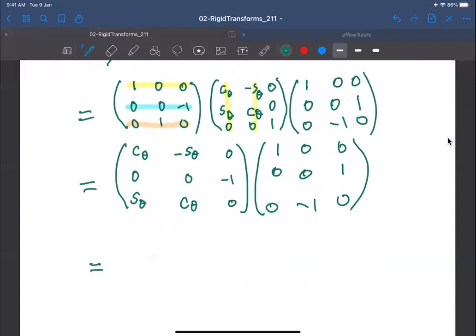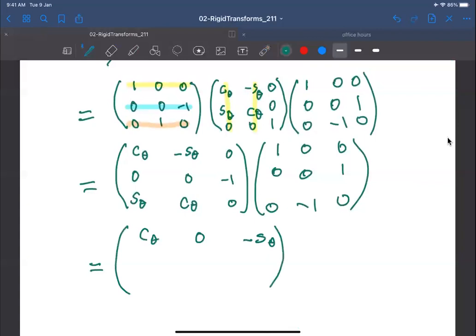Okay, so what does this mean here? I'm going to multiply this quickly now, because we got the drill now. This is going to be a cosine theta. Okay, and then it is going to be a 0, and then it's going to be, yeah, minus sine theta.